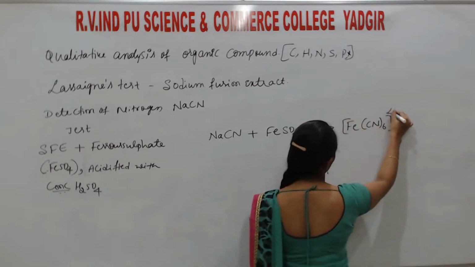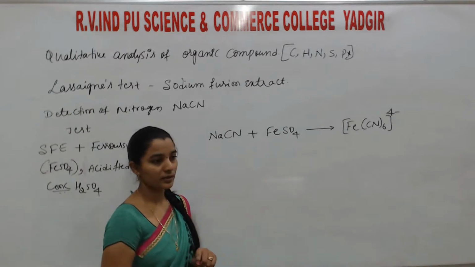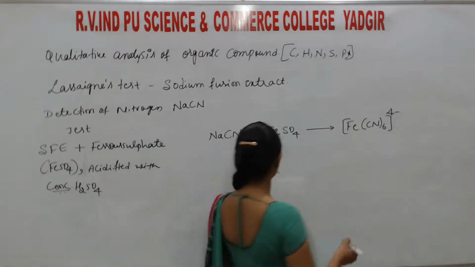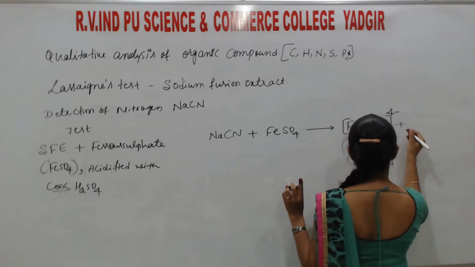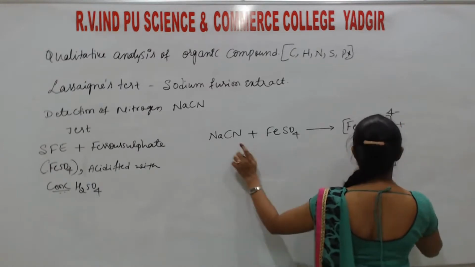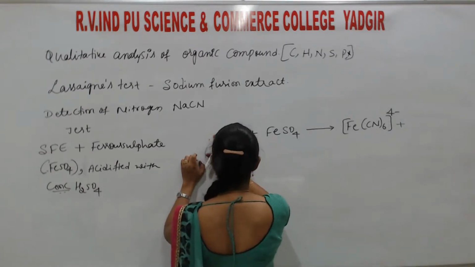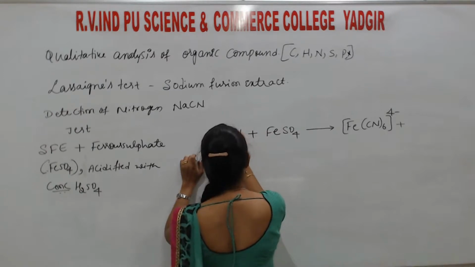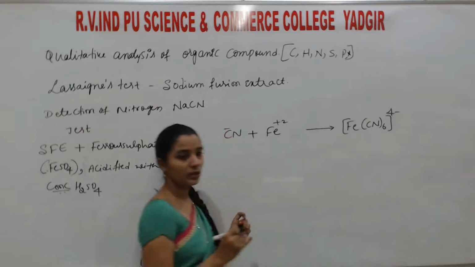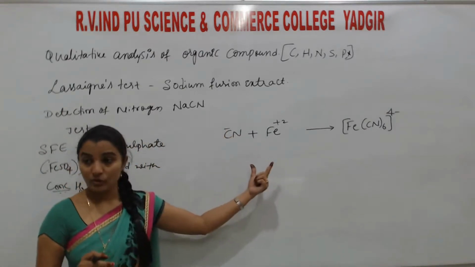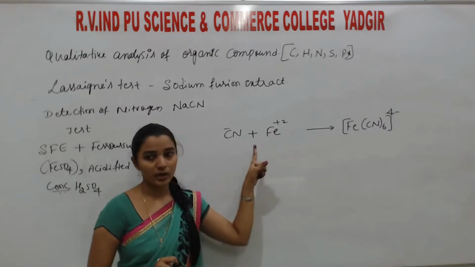Fe(CN)6 4 minus, which is a complex, plus Fe plus 2 ions. We just take ions because we cannot balance the full reaction clearly, since we are going to use H2SO4 also.